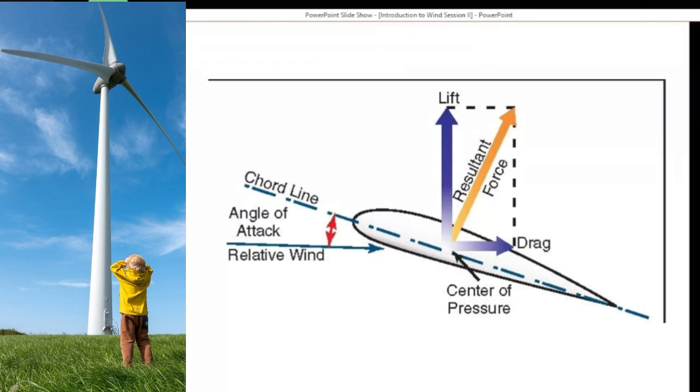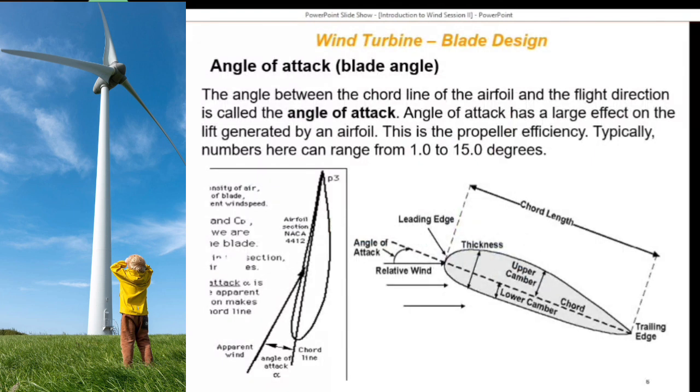There is the wind speed which lifts the blade upward, which is the lift, and another component which makes the blade go straight along the same path as the wind. From there we have the resultant force and the center of pressure. Those two make an angle, one upward, another along the horizontal axis.